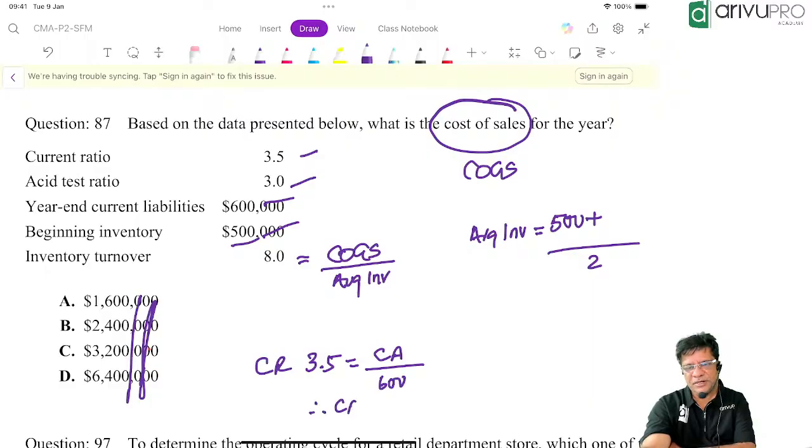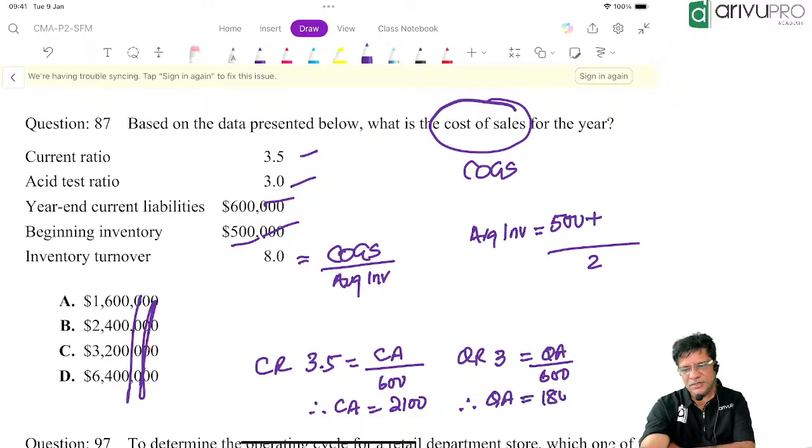Therefore, current asset is how much? 600 into 3.5? 2100. Quick ratio 3 is equal to quick assets divided by 600. 600 into 3, 1800.